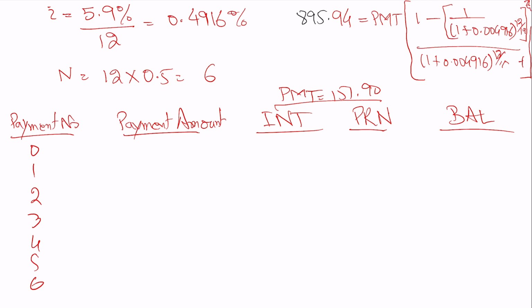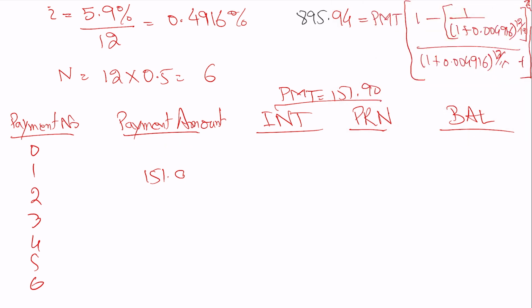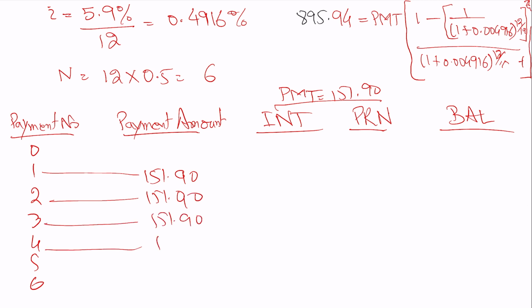At 0 there is no payment, and the payments are always 151.90.